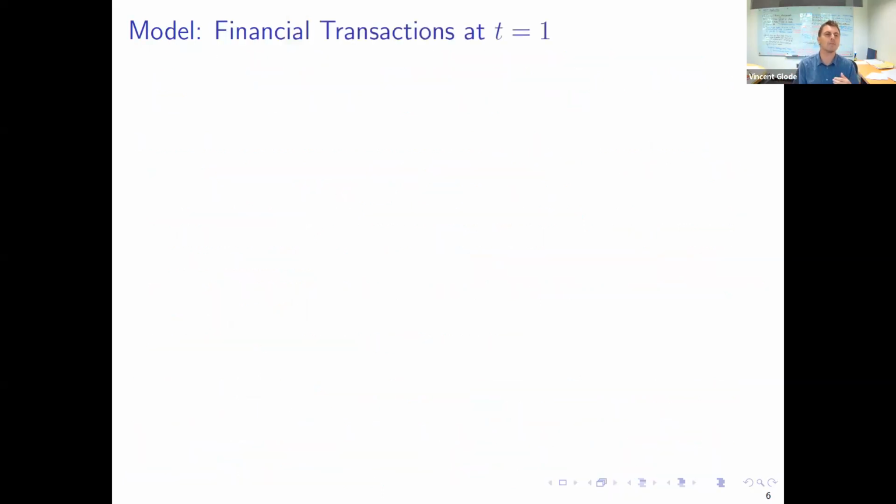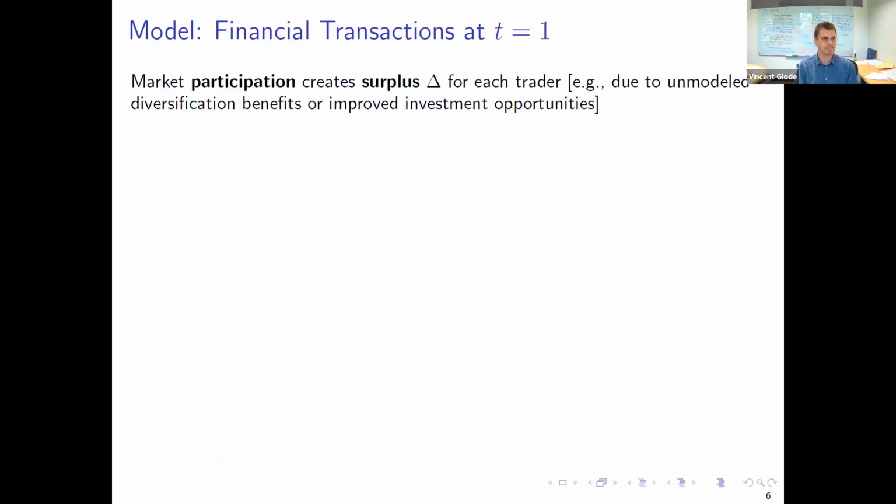So let's model how financial transactions happen at t equals 1. First, we assume that market participation creates a surplus. That's why these financial markets exist. Perhaps you benefit from diversifying your portfolio, or perhaps you have access to improved investment opportunities, but participation creates a surplus of delta.